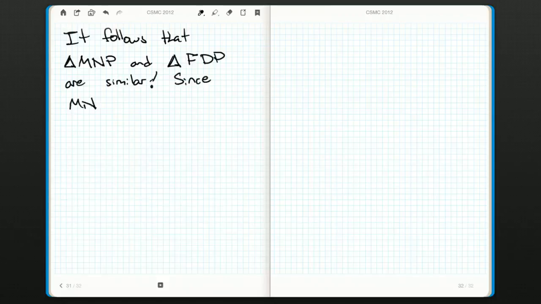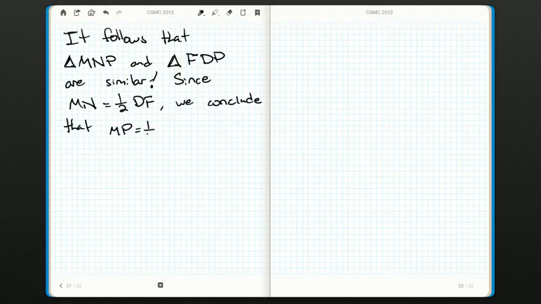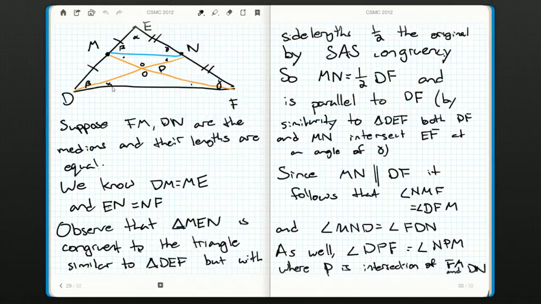Because we already know that MN is 1/2 DF. So we can easily conclude that MP is going to be 1/2 of, which one is it? Basically, we take this triangle, we shrink it, and we turn it around, so MP is going to be 1/2 of PF.